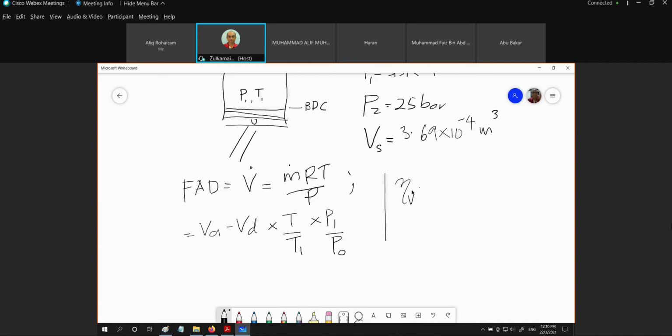Kalau you ingat, our volumetric efficiency equation is V divided by Vs, and this is equal to VA minus VD, divided by Vs. You see from here, you get your V. Kalau you nak tahu V dot, maknanya you kena multiplykan dengan RPM. What is VA minus VD?